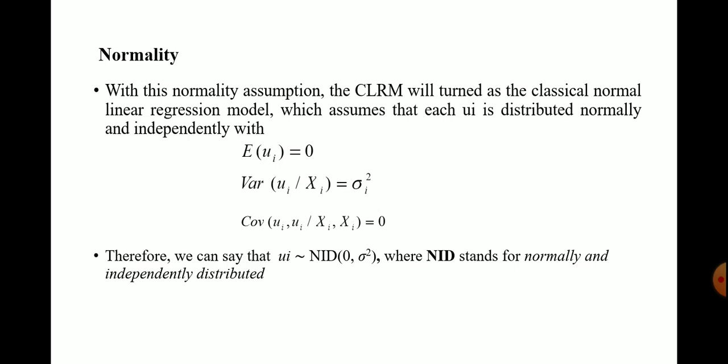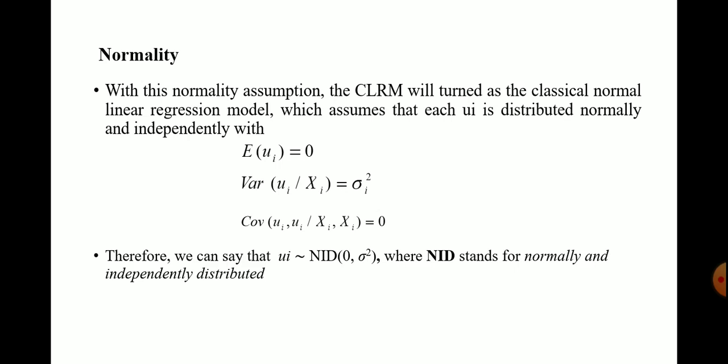Okay, which assumes that ui is distributed normally and independently, with the average value of ui equal to 0, the variance of ui equal to a constant number, and the covariance of ui and uj equal to 0. As you know, if there is a distribution, then it will be distributed independently and identically with its mean and variance.